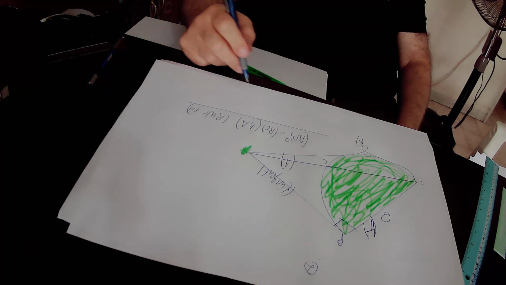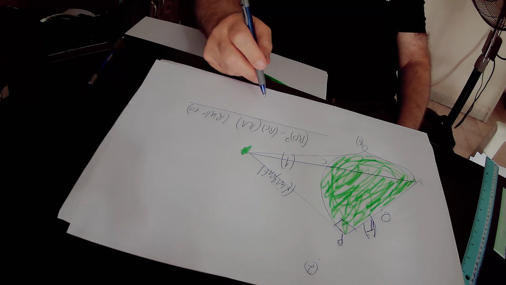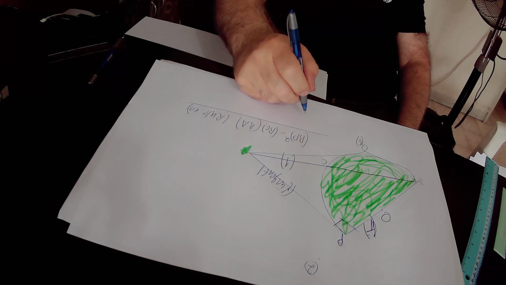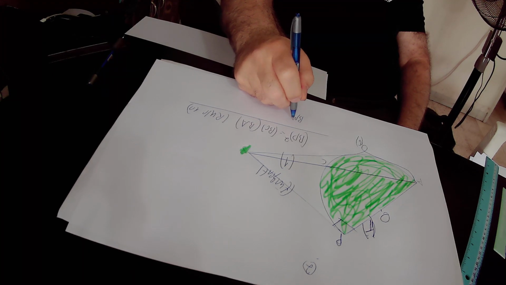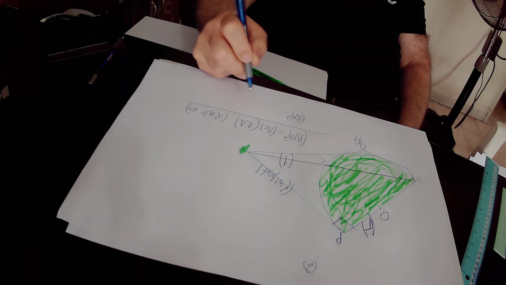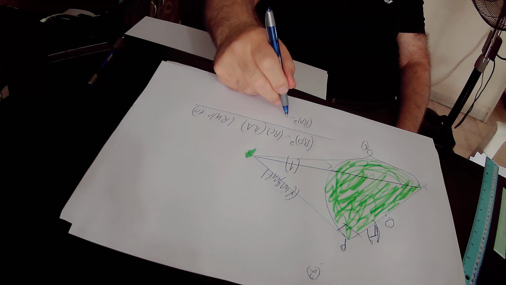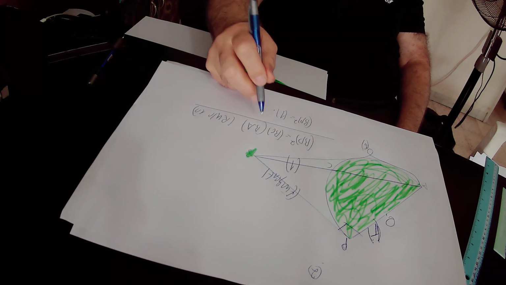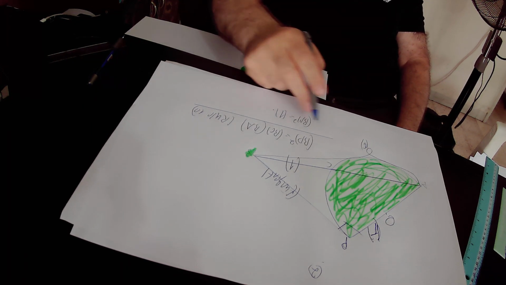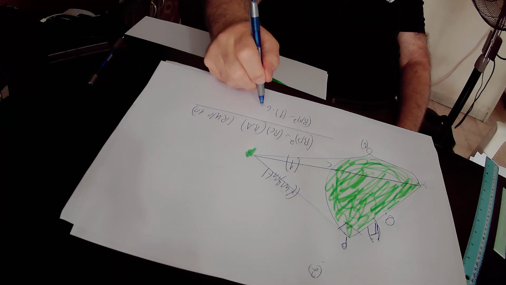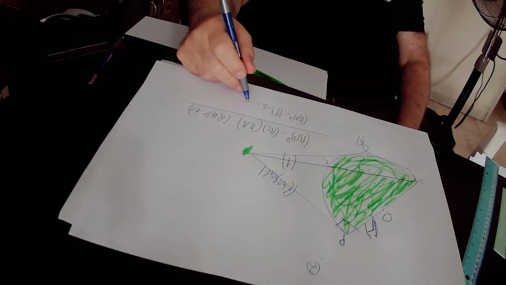So BP squared equals BC times BA. BP is the missing tangent, so we leave it as it is. BC is 1, therefore we substitute BC by 1, times BA, which equals 6. So in total, BP squared equals 1 times 6, that is 6.